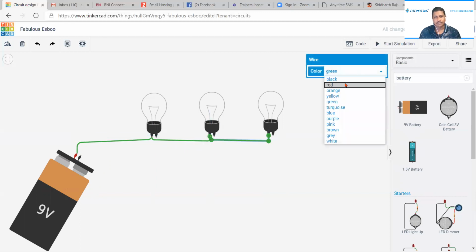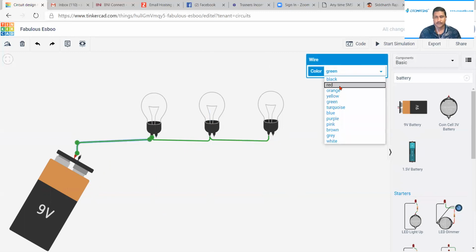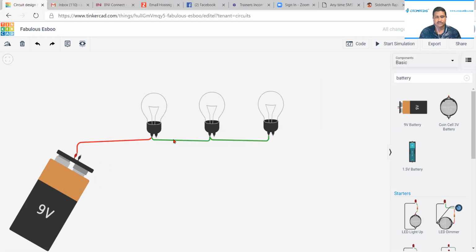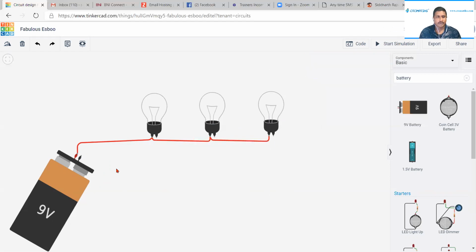Since it's positive, let's change it to red so that it will be easy for you to understand. Hope you are clear with this. I'm moving on to the next one, that is, I'm going to connect the negatives.